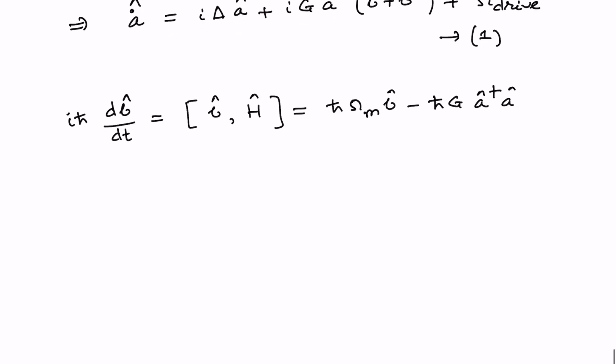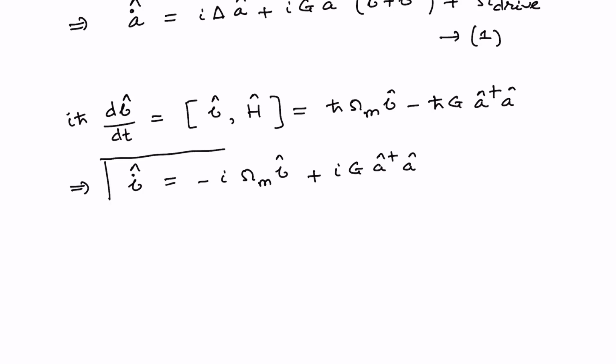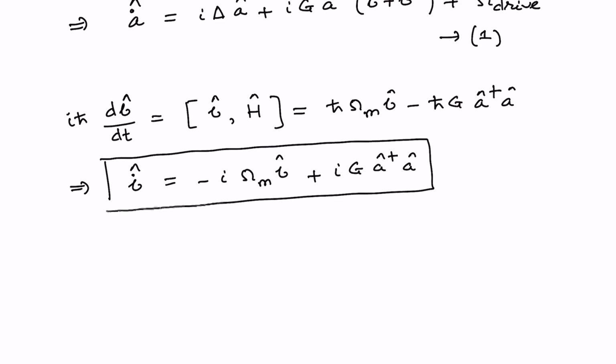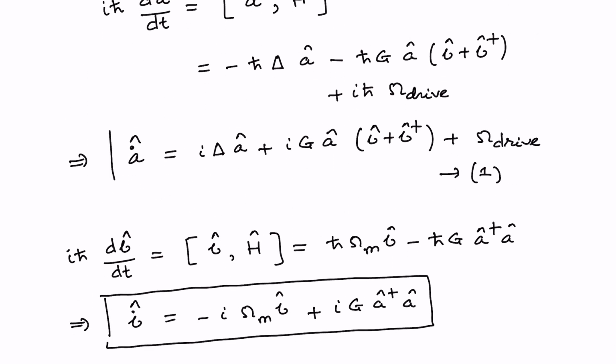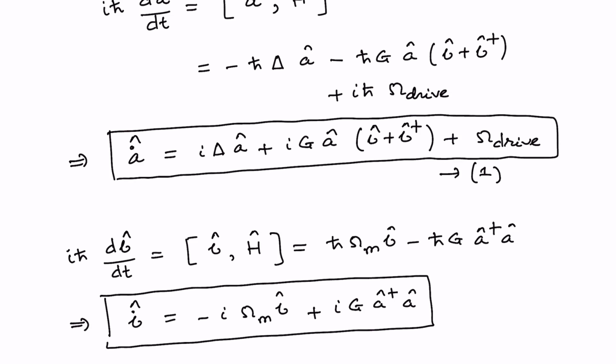From here you get b dot equals minus i omega_m b plus i z a dagger a. These are the equations that you have obtained from the Heisenberg equation of motion: this is the equation for the phonon mode, and this is the equation for the photon or optical mode.